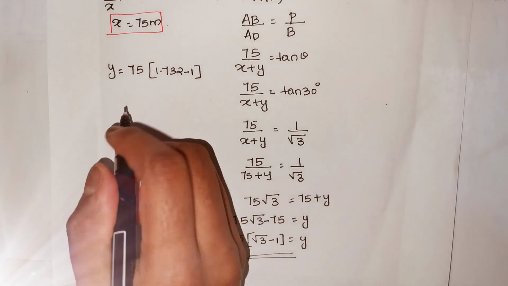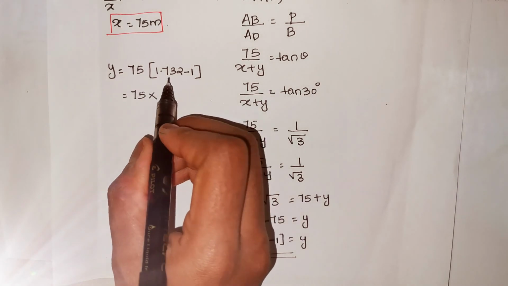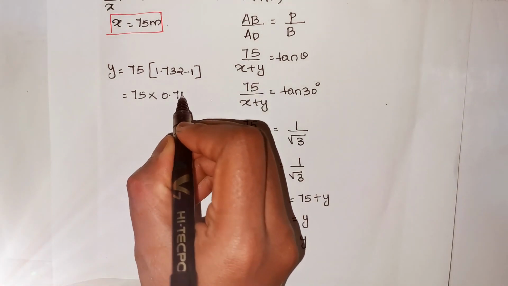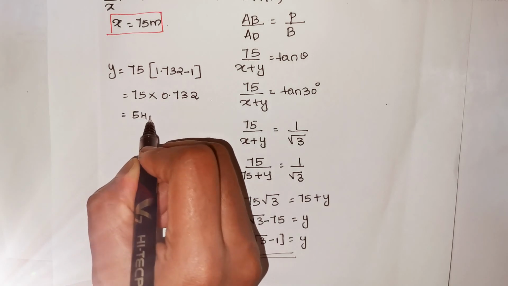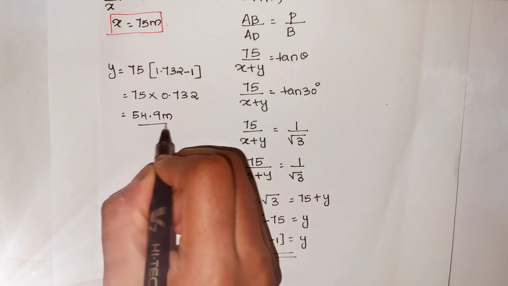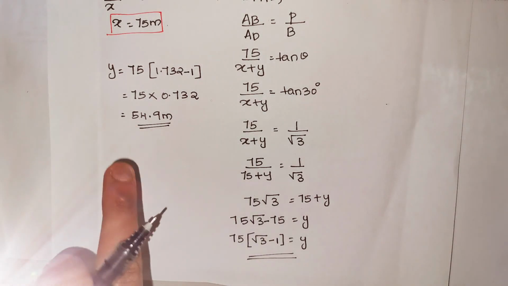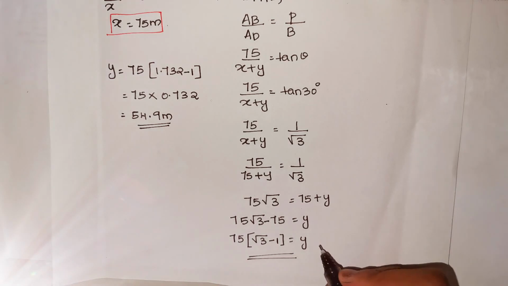So, 1.732 minus 1 is 0.732. So, if we multiply, we get the answer 54.9 meter. Students, if the value of root 3 is not given in the question, you can stop here.